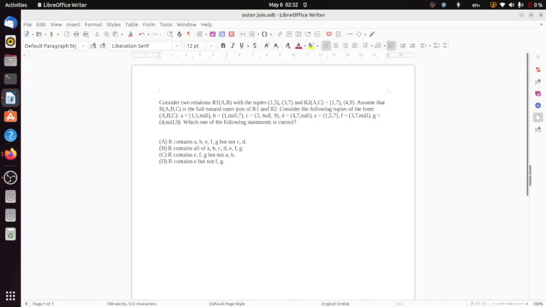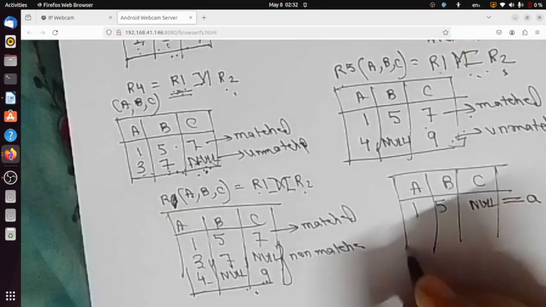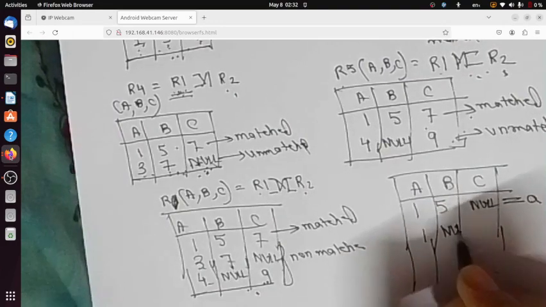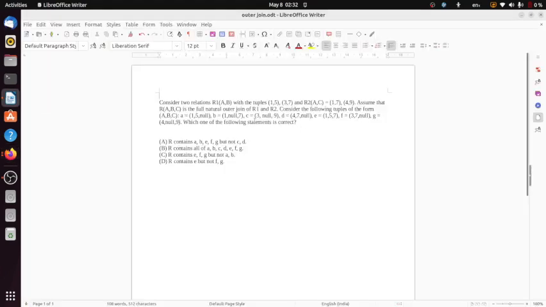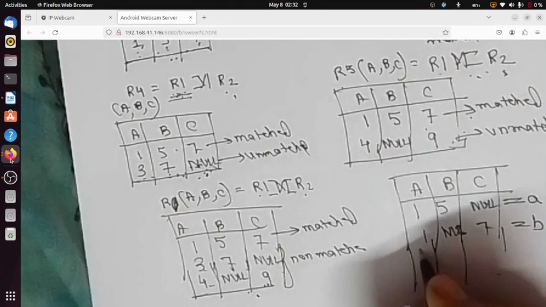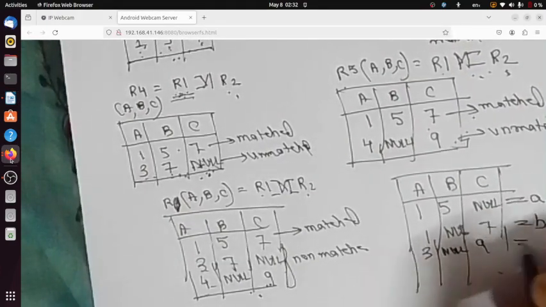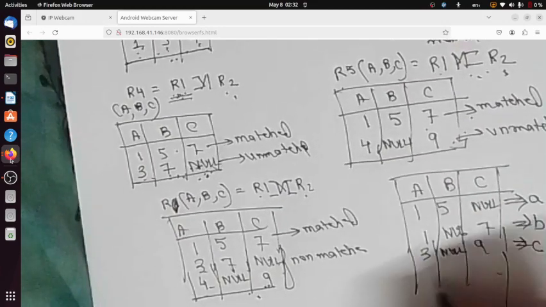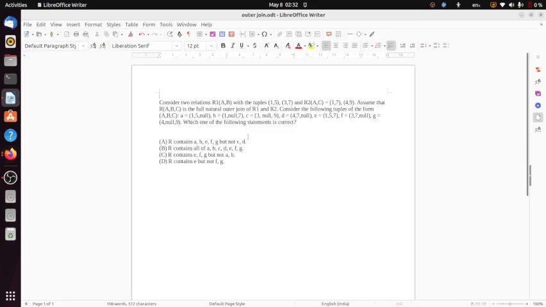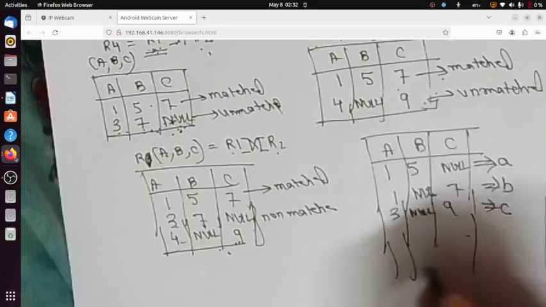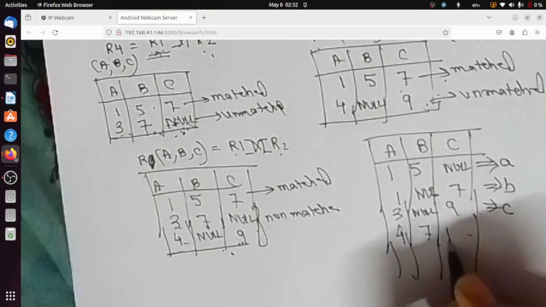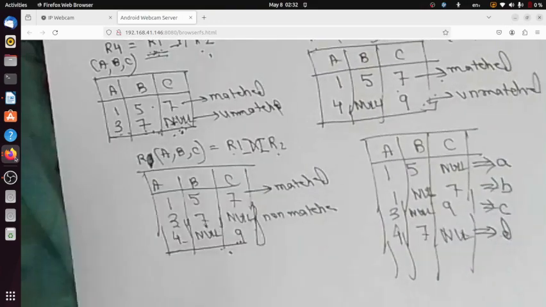Next we come to the next record, B: 1, null, 7. Then the next record is C: 3, null, 9. Next tuple given is D: 4, 7, null.